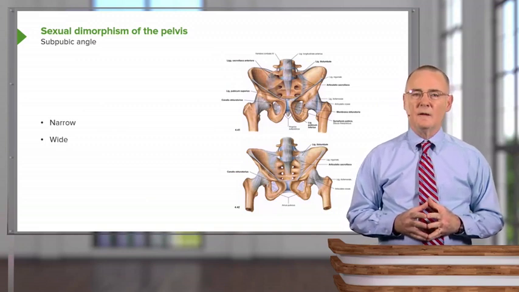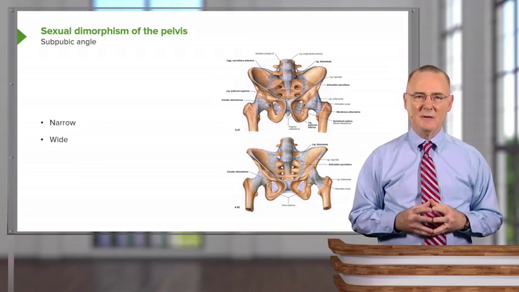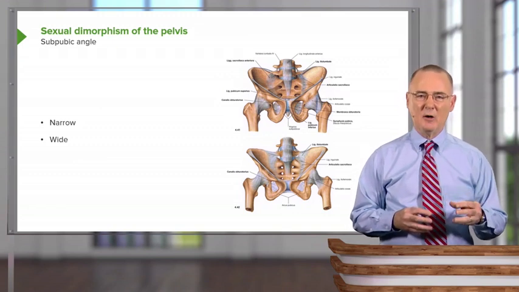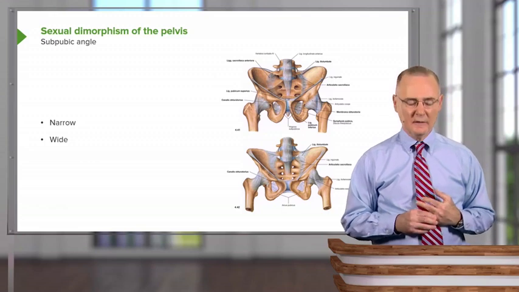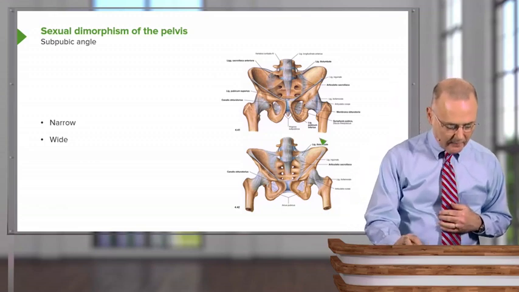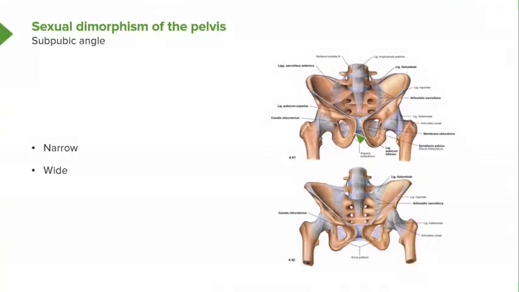There is also a difference in a region called the subpubic angle between a male pelvis and a female pelvis. The subpubic angle is shown right in through here. And you can appreciate the angle in this example versus the angle that's formed over here.